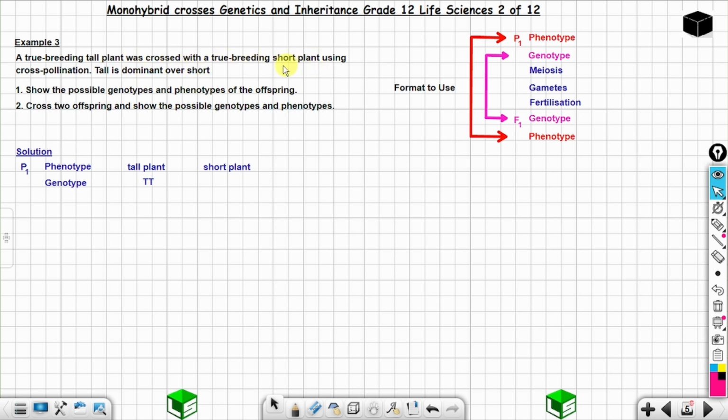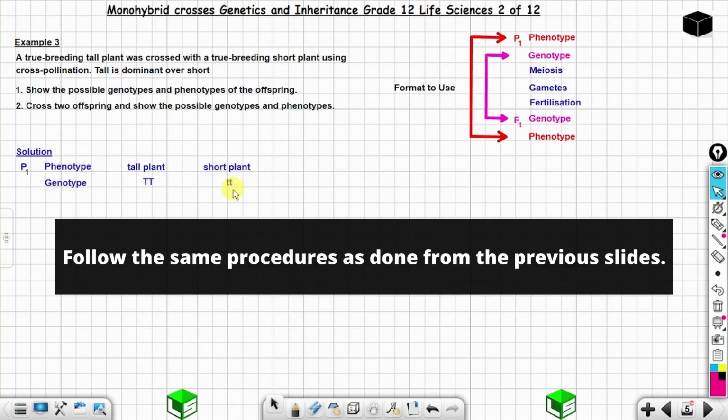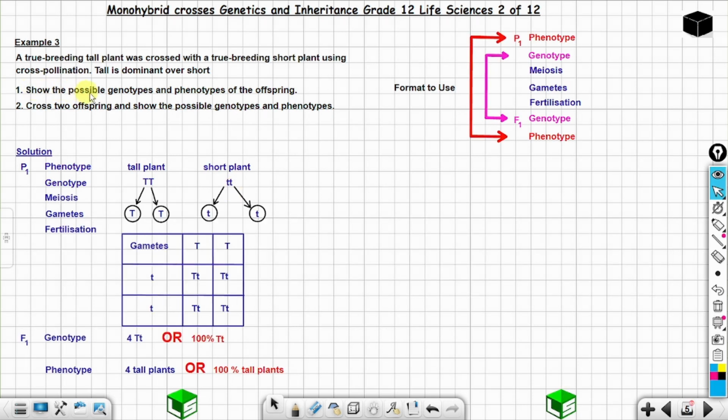We are going to use a lowercase t for short. Remember, you are not going to use S. You have to use the same letter because this is one characteristic, which is the height, or the size. So this is a true breeding, meaning homozygous. Homozygous means two identical alleles. We are done with this question.